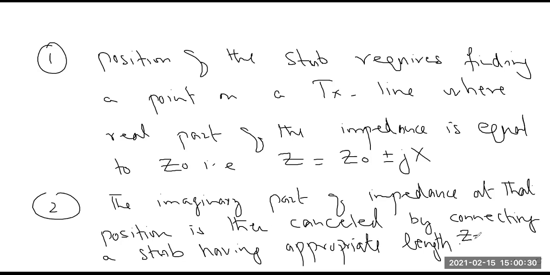That is, Z is equal to, if I'm using, let's say, अगर हम short circuit stub use कर रहे हैं तो Z किसके बराबर था, jZ0 tangent theta L. So इस part को cancel करने के लिए हमें क्या करना पड़ेगा, L को adjust करना पड़ेगा.